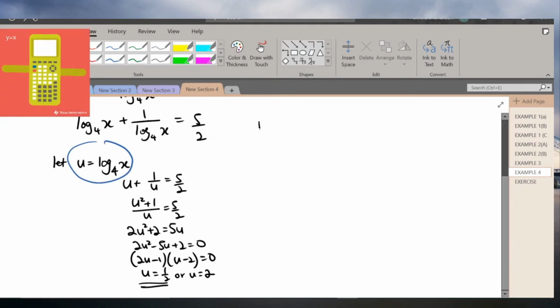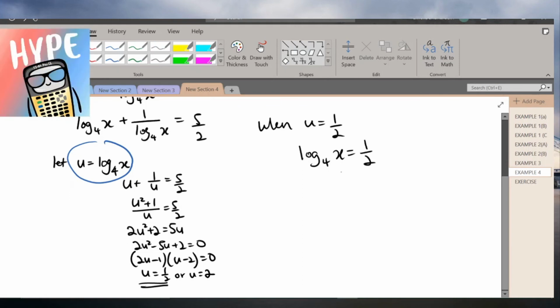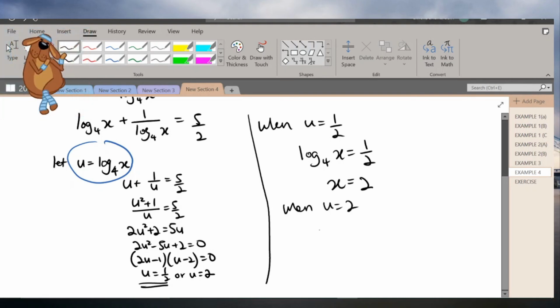So when u is equal to 1 over 2, log base 4 of x is equal to 1 over 2. That means x is equal to 2. And then when u is equal to 2, log base 4 of x is equal to 2.